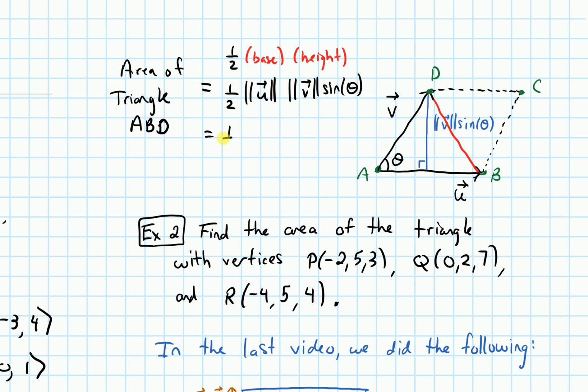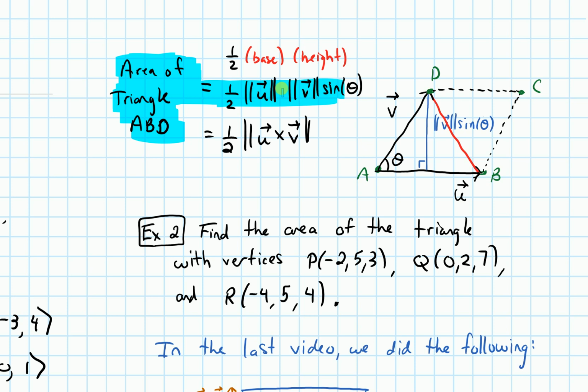And overall, this is just going to be 1/2 times the length of the cross product, 1/2 times the length of u cross v. Okay, so I'm going to highlight this as well. The area of the triangle is 1/2 the length of u times the length of v times sine theta. And that is just 1/2 times the length of the cross product.